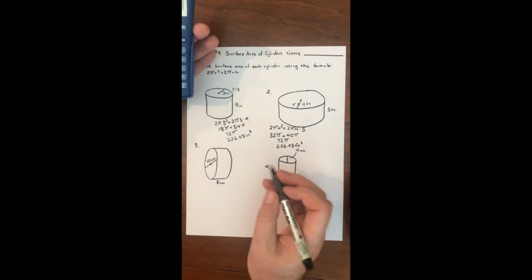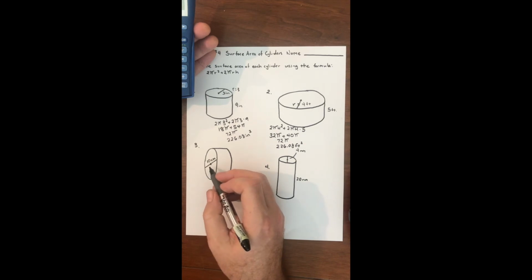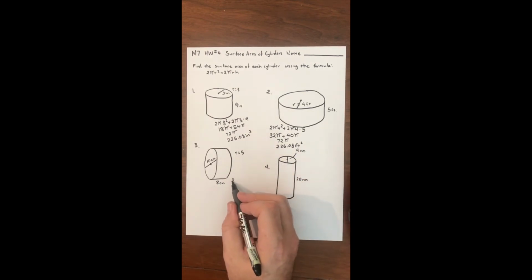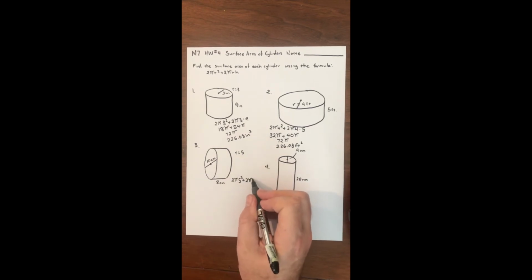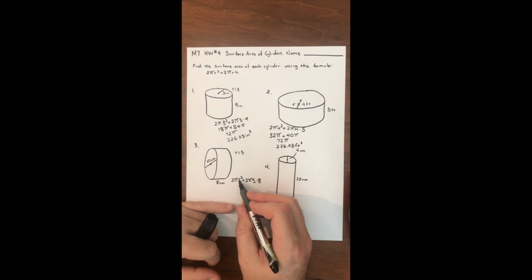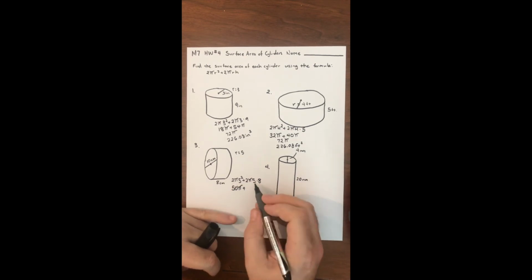All right, the next one, number 3. First thing I see is I did not get a radius. I got a diameter. The diameter is 10, so cut 10 in half. I have a radius of 5. So I've got 2 pi, the radius of 5 squared, plus 2 pi, 5 times the other number, the height, which is 8. 5 squared is 5 times 5, and that's 25. And 2 times 25 is 50, just like 2 quarters. I've got 5 times 8, which is 40.